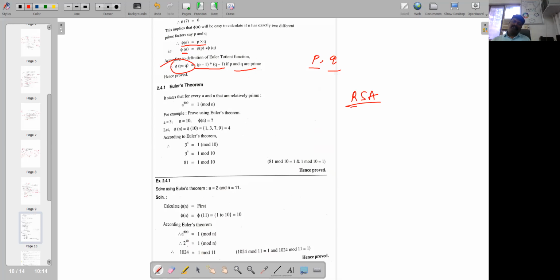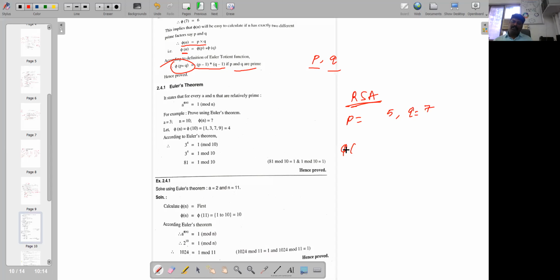If you want to find the relatively prime numbers for any two prime numbers, say for example I consider the two prime numbers 5 and 7, p is equal to 5 and q is equal to 7.